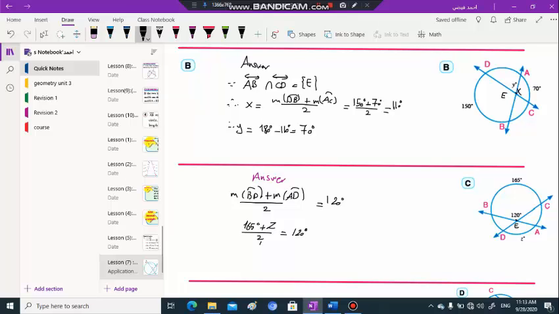So 2 will go to the other side, multiply. So 165 plus Z equals 120 multiplied by 2, which will be 240 degrees. So I want the value of Z.